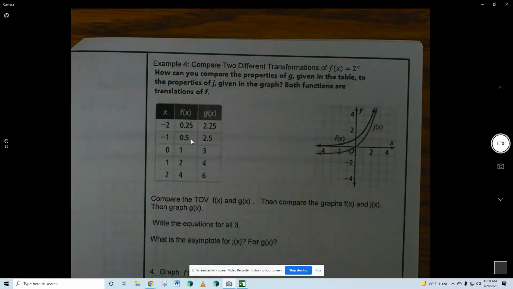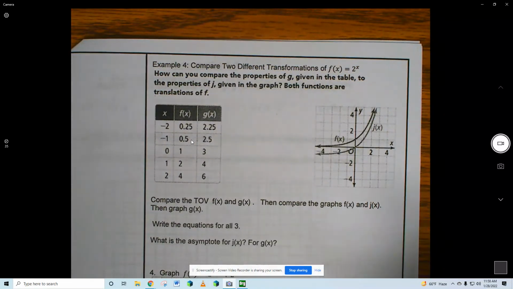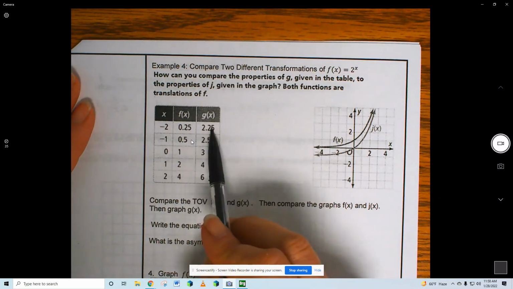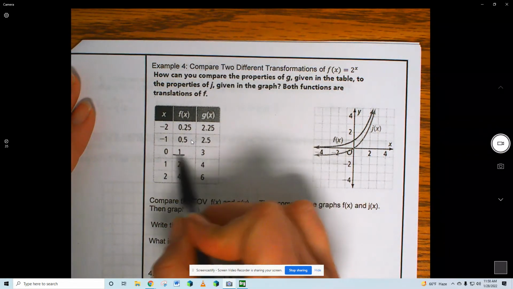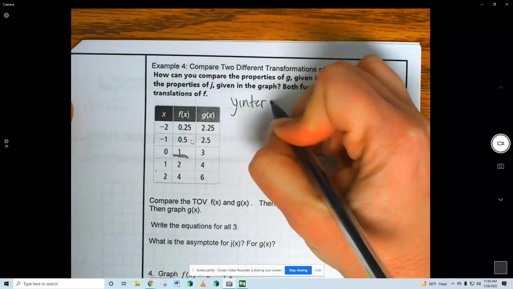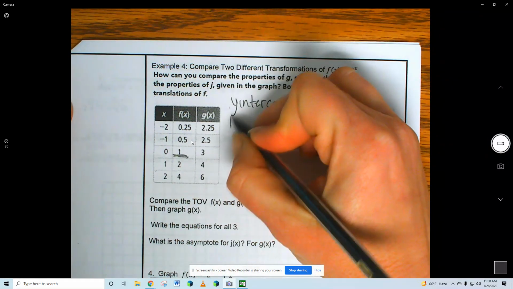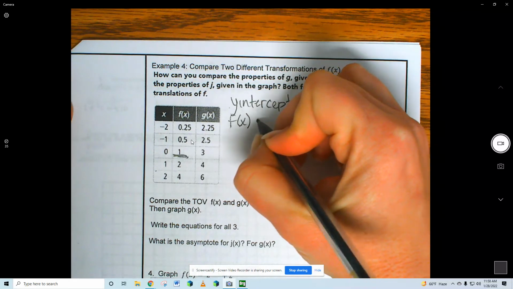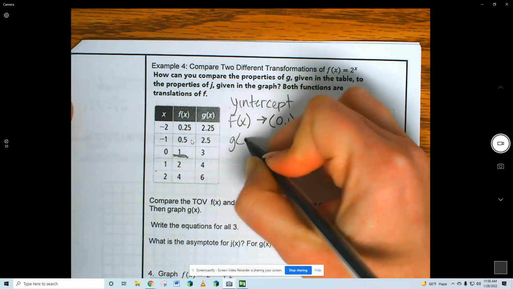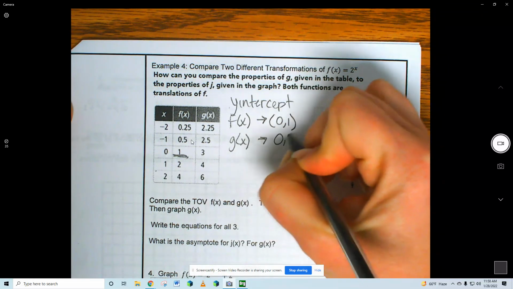So for example, f of x and g of x, one of them had a y-intercept of 1. F of x had a y-intercept at (0, 1), whereas g of x was at (0, 3).